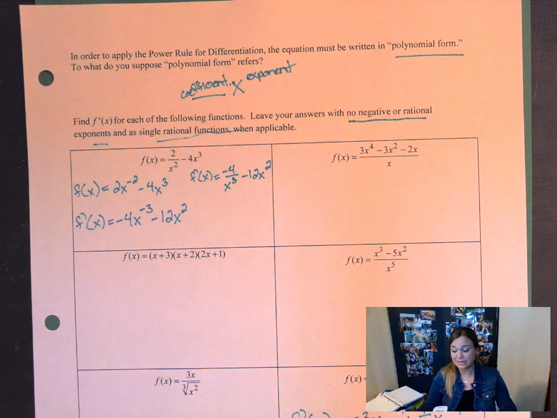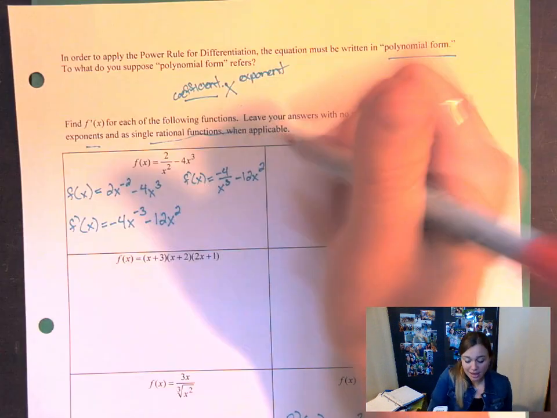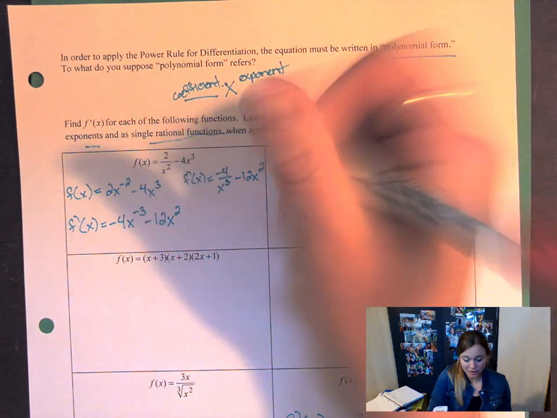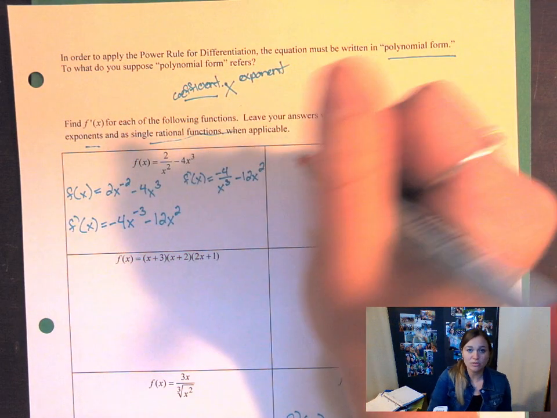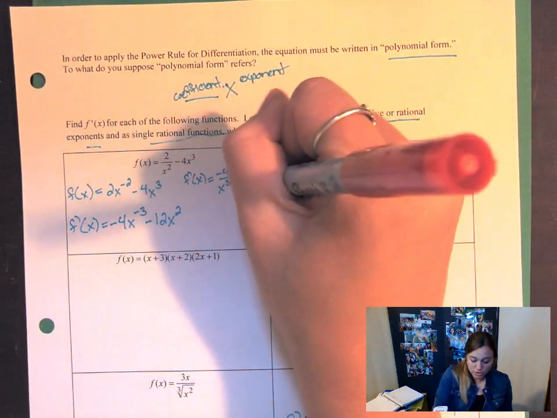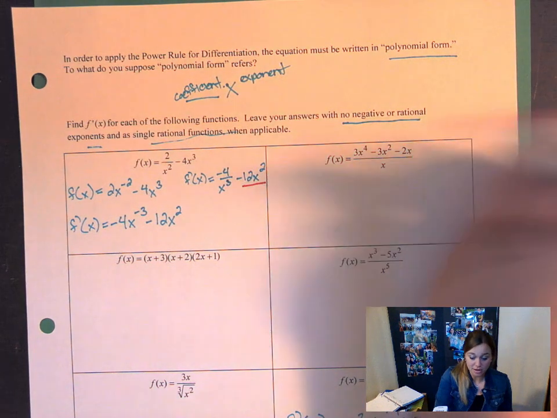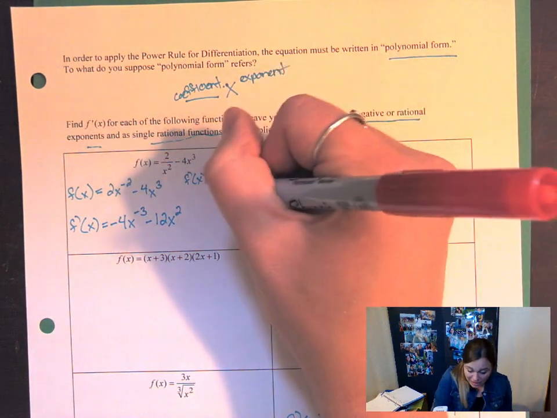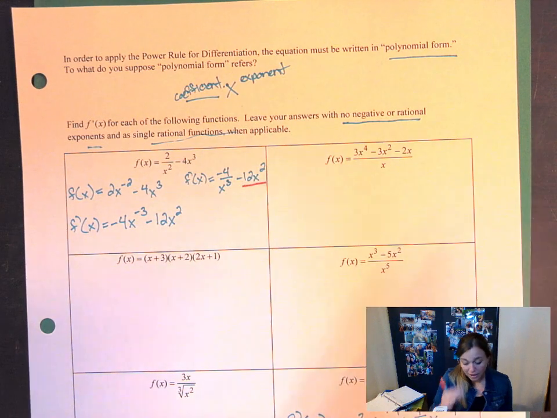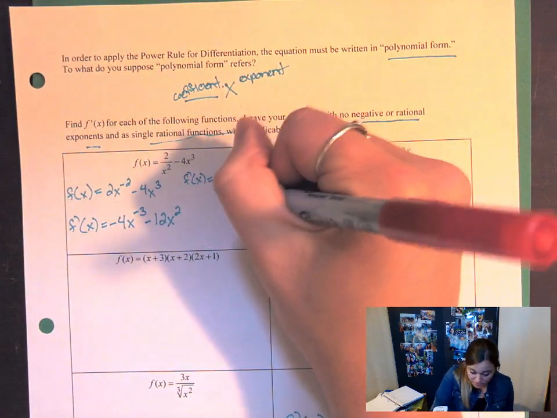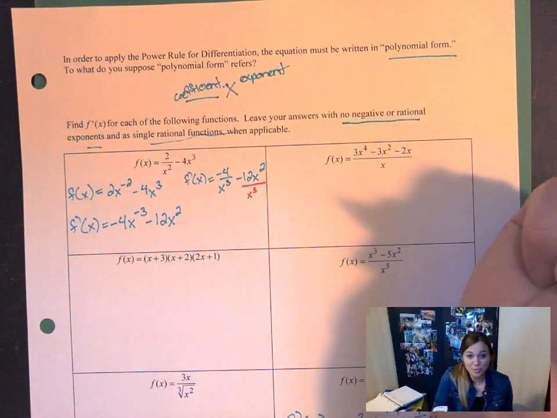What's also hard, and this one I would say is totally acceptable, and if you're not talking about multiple choice, keep it exactly like that because you don't want to do more work and mess it up. But on some questions, your solution choices, the only things in front of you, are going to have a single fraction. So in order to make this look like it has a common denominator with this, I would need an x to the third over here. And the way I do that, I can't just put that in all willy-nilly.